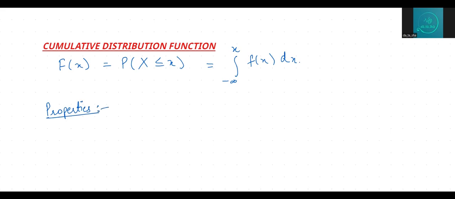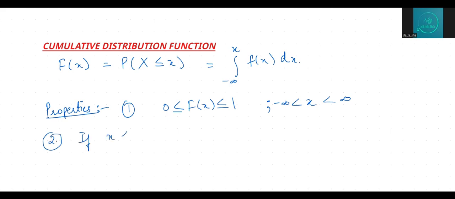So the first property is that the Fx lies between 0 to 1. It is the same as we discussed in the discrete random variable, whenever our x lies on the real line from minus infinity to infinity. The second property is that if x is less than y, then Fx would be less than F of y.